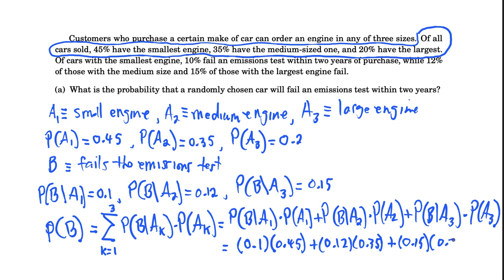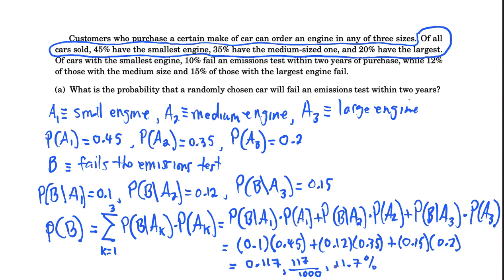So like that, right? And if you go through and compute this, you'll get 0.117 exactly. So the decimal is exact, or if you wanted to write it as a fraction, it'll be 117 over 1,000, right?